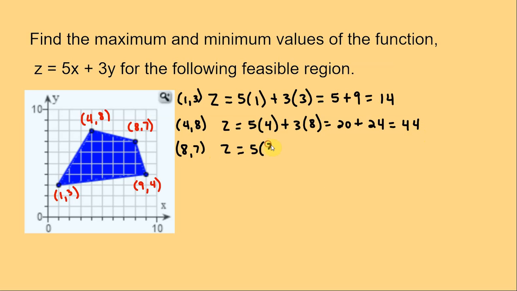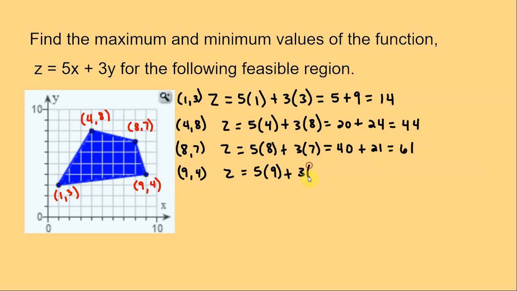Put 8 for x and 7 for y. And that gives me a total of 61. And then the last point is 9, 4. Again, I put in 9 for x and 4 for y.